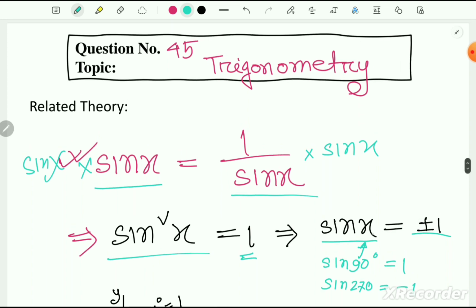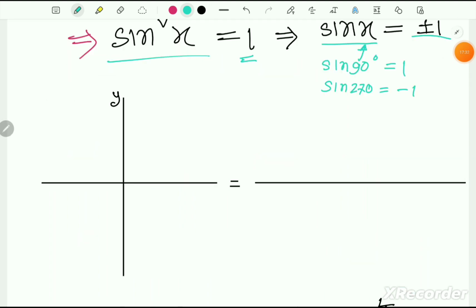But as you know, for a circular geometry there are repetitive angles, so let's find out how many angles we can obtain for which we get plus and minus 1.